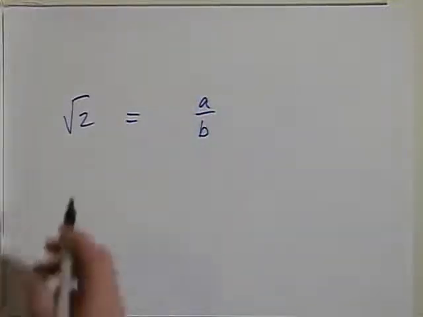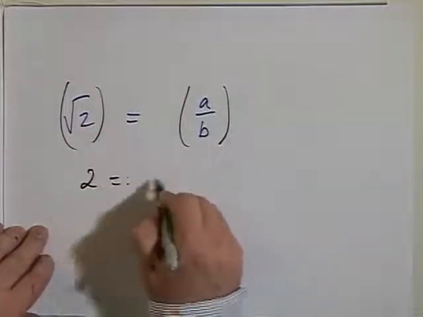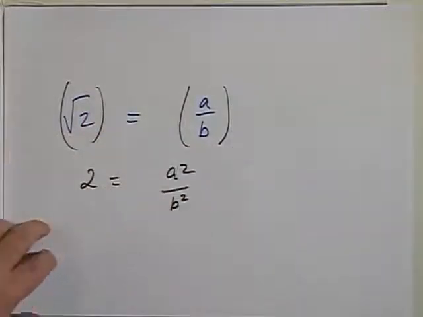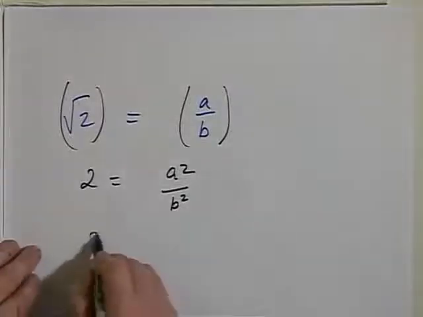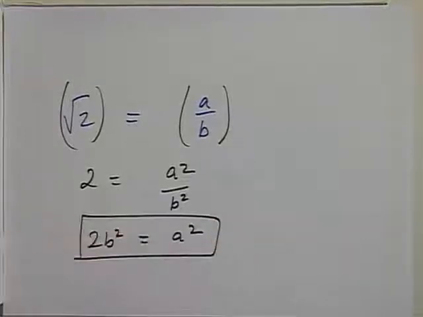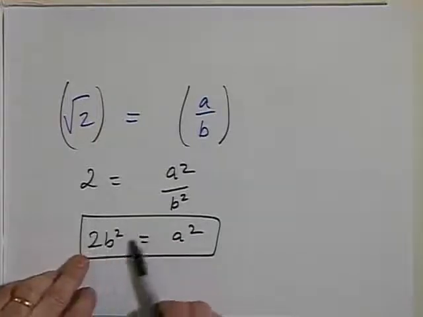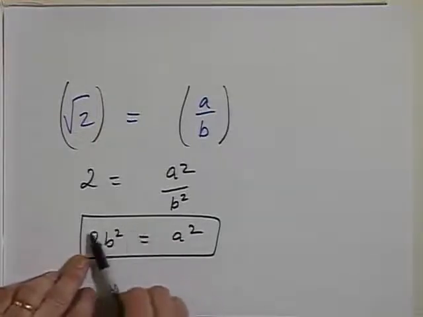And the genius then decided, well, if that's the case, if you were to square that, you'd get 2 is equal to A squared over B squared. And you'd get 2B squared would be A squared. And then they figured out that if A squared was equal to 2B squared, this number here had to be an even number.